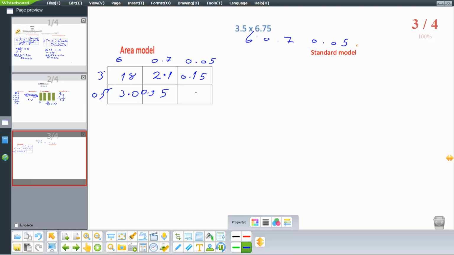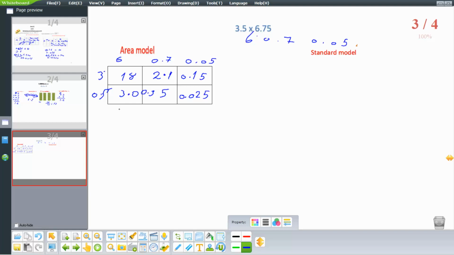Here we have 25 because 5 times 5 equal 25. Here we have two decimal places, and here we have one decimal place, so we are going to put it after three decimal places. So let's count 1, 2, and we don't have the other, so it will be 0.025, 3 decimal places, and let's add.